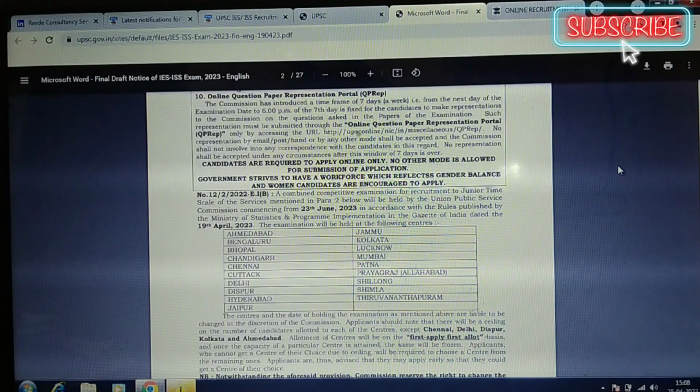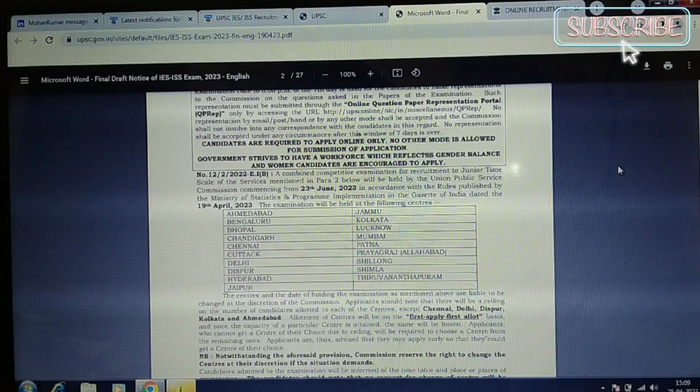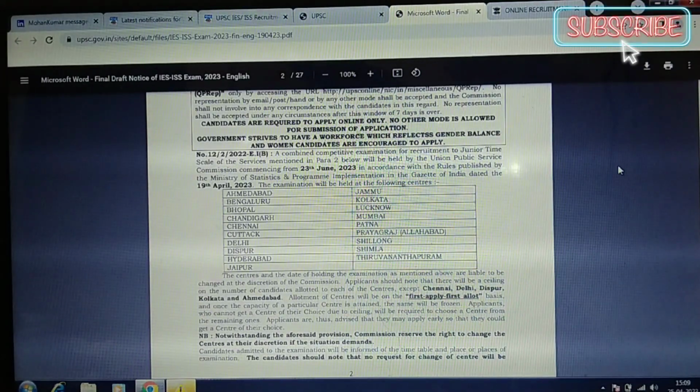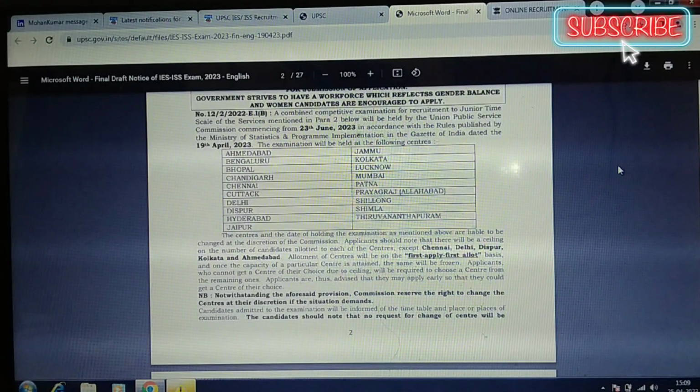There are 19 examination centers: Ahmedabad, Bangalore, Bhopal, Jammu, Chandigarh, Chennai, Cuttack, Delhi, Dispur, Hyderabad, Jaipur, Kolkata, Lucknow, Mumbai, Patna, Prayagraj, Shillong, Simla, Thiruvananthapuram.